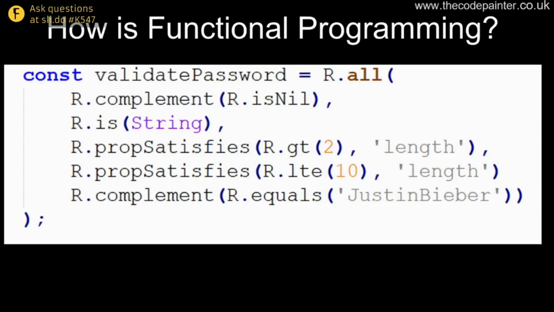So the rest of the predicates can continue safely on the assumption that this is a string, because otherwise, once we start checking against length, it could be an array or who knows what. So prop satisfied, I'm saying greater than 2, and prop satisfied less than or equal to 10. So that's our length satisfied, and also that it is not just in Bieber, because it must not be.